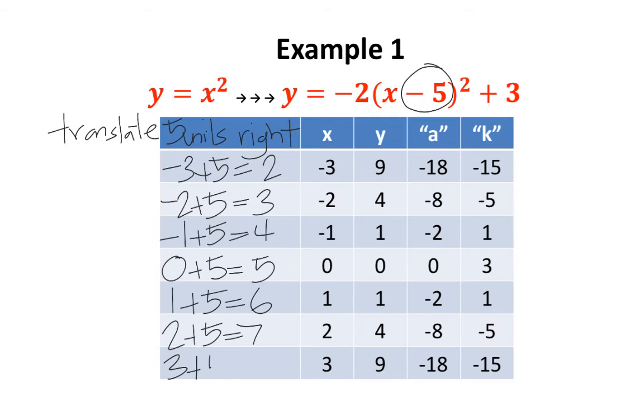And 3 plus 5 is 8. So what you can do is you can use your new values of x as well as your existing values of y. You can plot these points and transform your parabola.